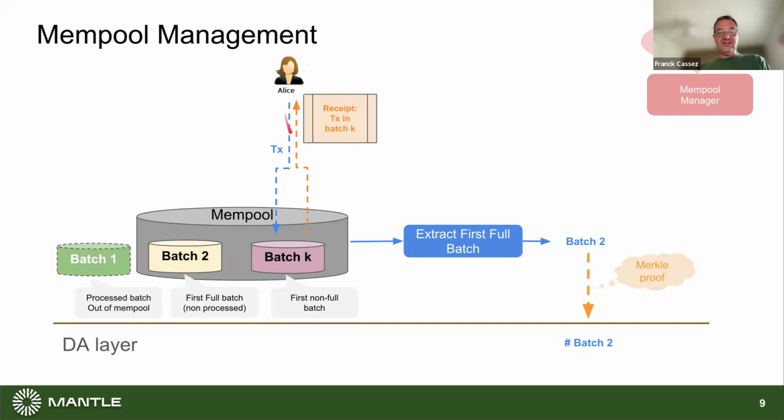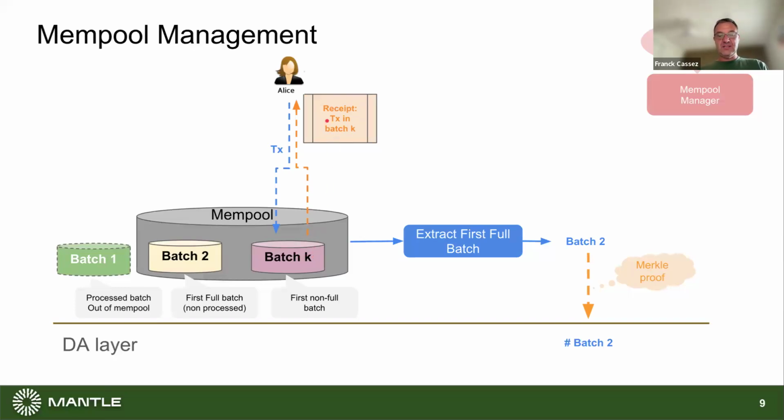So when Alice submits a transaction to the mempool, her transaction is going to go in the first bucket that's non-full. And at the same time, Alice is going to receive a receipt that a transaction will be in batch K or block K in the processing of the layer 2.